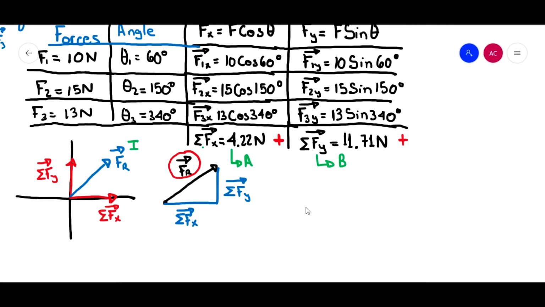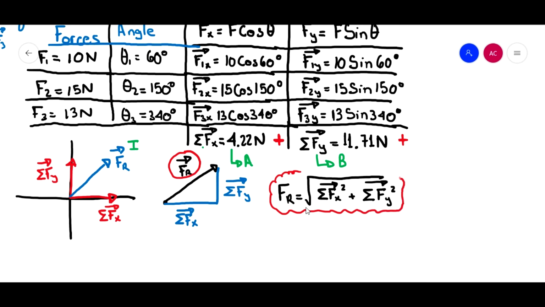So I'm going to use the formula that I used before. Resultant force equals the square root of the sum of all forces in x squared plus the sum of all forces in y squared. Okay, I know that we already had this formula, but I'm going to circle it again.